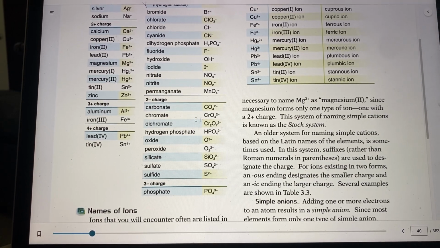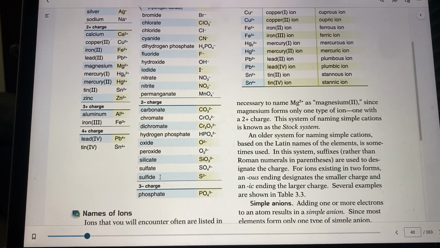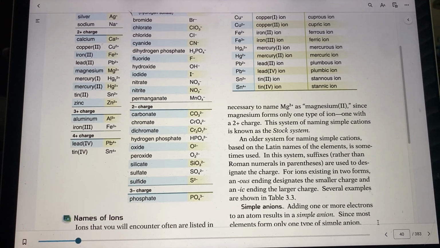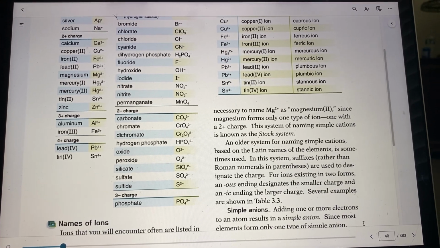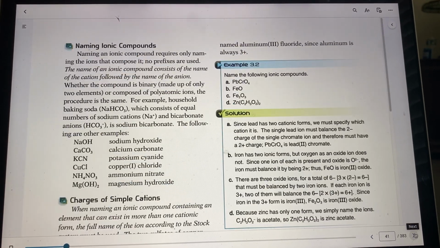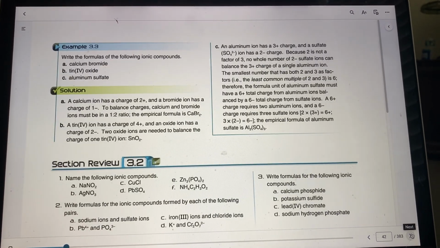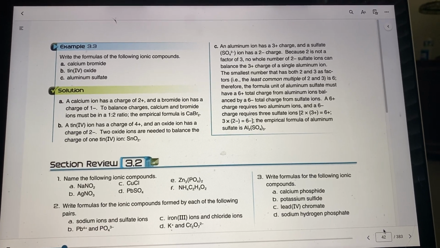You see these here? Hydrogen phosphate, we've got these all here. So look back and we'll just find out which one this is. I kind of forgot. NH4, C2H3O2. Okay, I have to remember what they were. NH4.